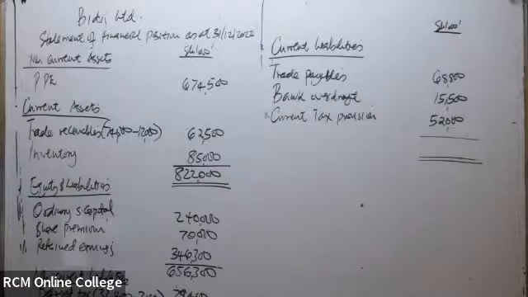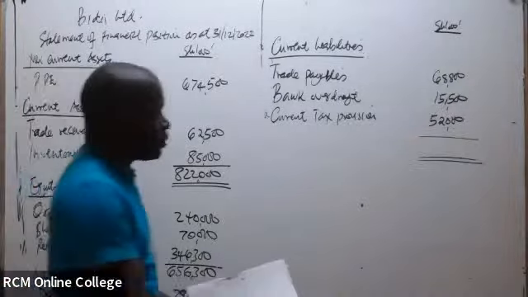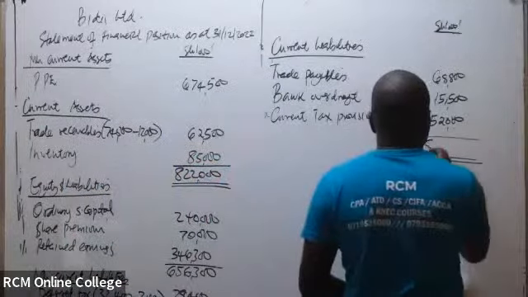Irene, just total now. Valerie, just total these others now. 822 million.